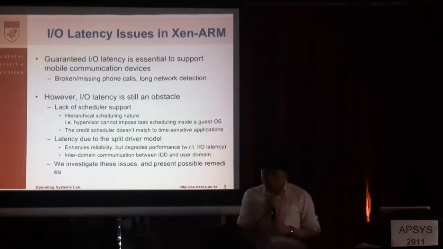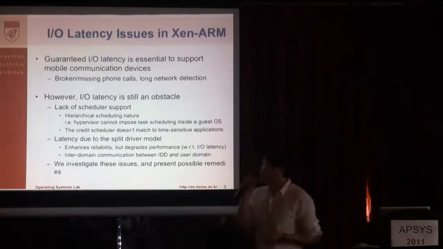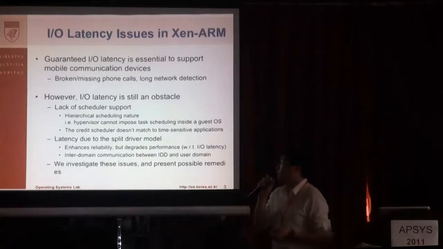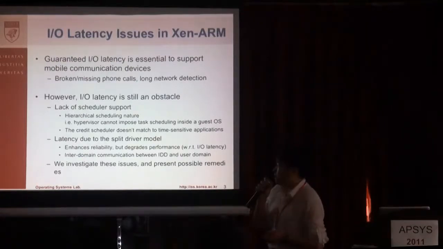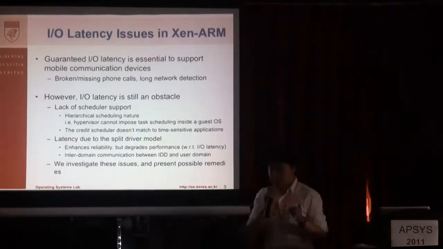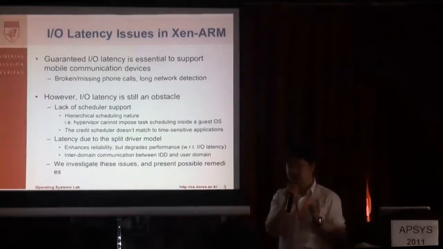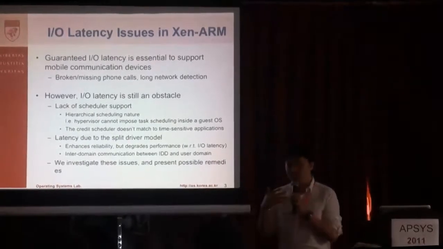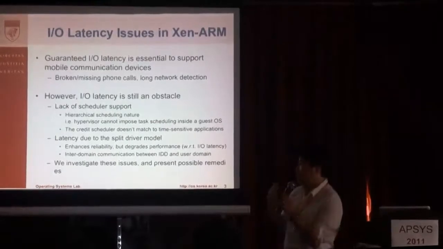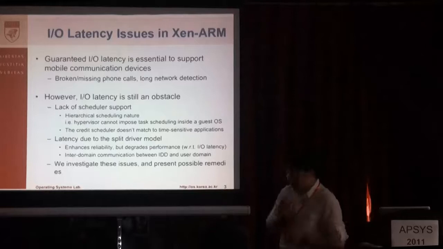There are two major reasons. First, lack of scheduler support. It sticks to hierarchical scheduling nature. That means the hypervisor schedules only vCPUs, and it doesn't schedule the tasks inside the guest operating system, so it cannot provide a very strict time bound for every single task.